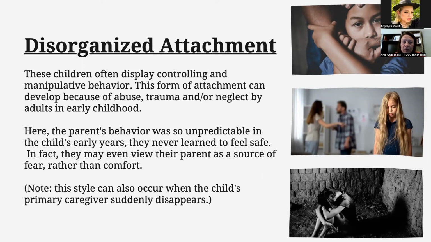Here, the parent or caregiver's behavior was so unpredictable in the child's early years, they never learned to feel safe. In fact, they may even view their parent as a source of fear rather than comfort. Note, this style can also occur when the child's primary caregiver suddenly disappears.